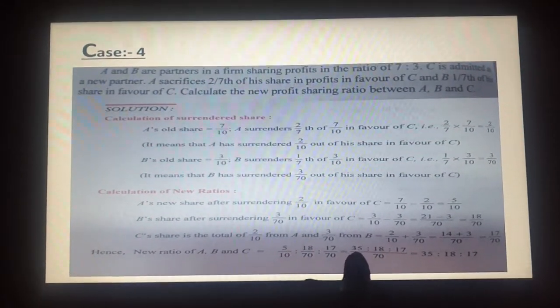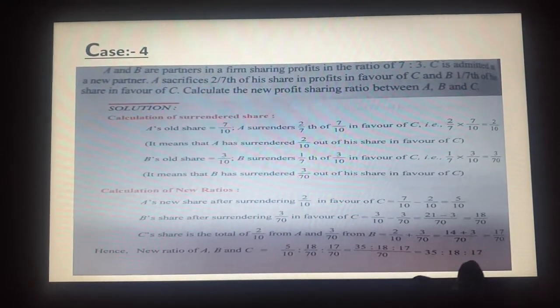So the final ratio will be 35:18:17. This is the new ratio.